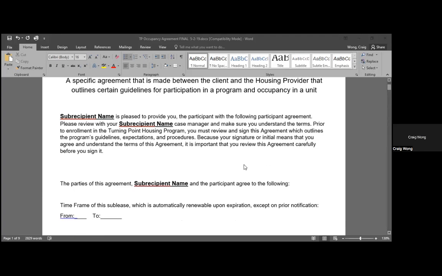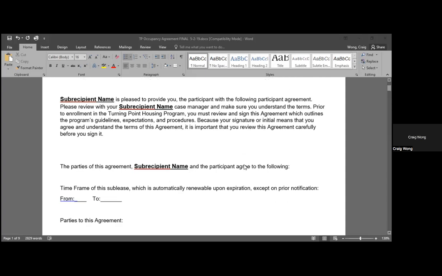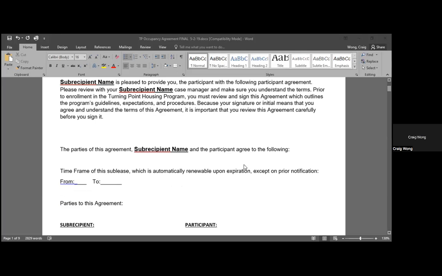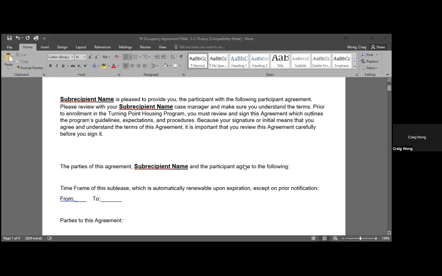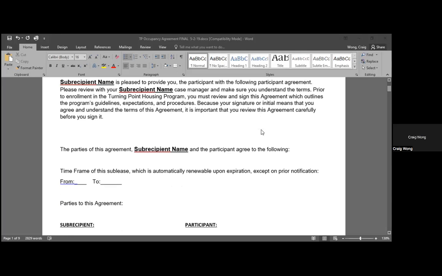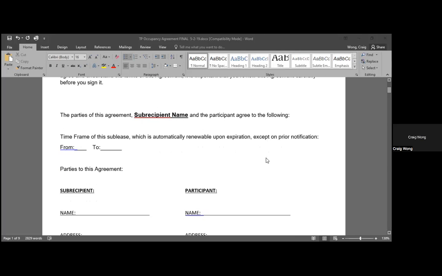When you see the word subrecipient, that means your organization. Your name would go there and the participant would be the client who's moving into your program. The first page of our occupancy agreement just talks about what it is and the HUD guidelines. You can see on the first page, it says what date this agreement is for.